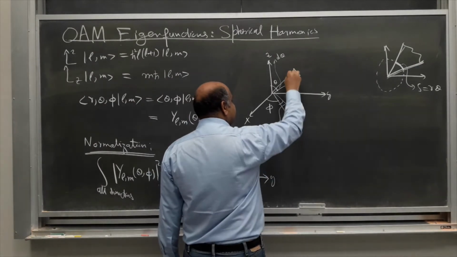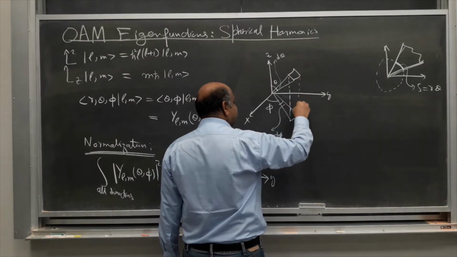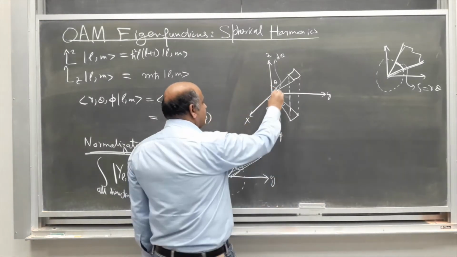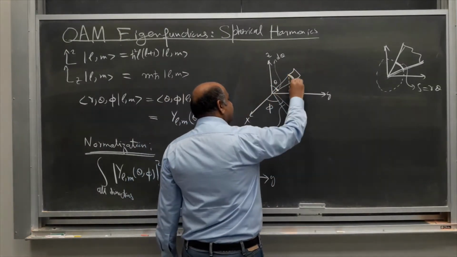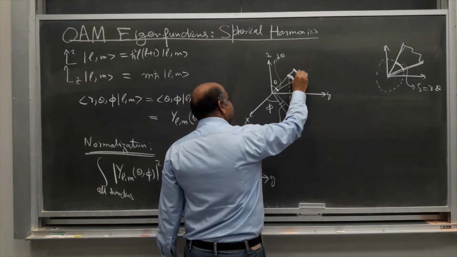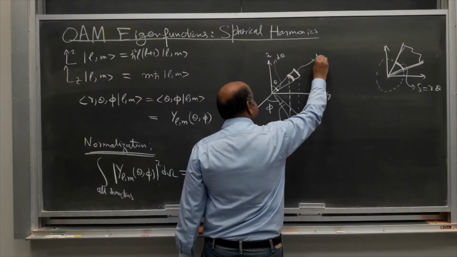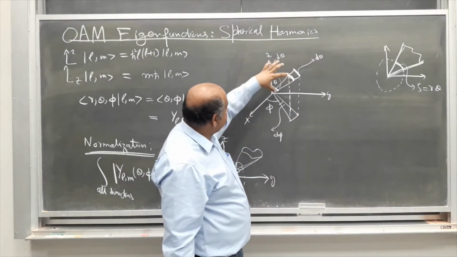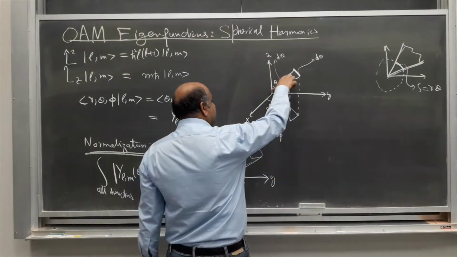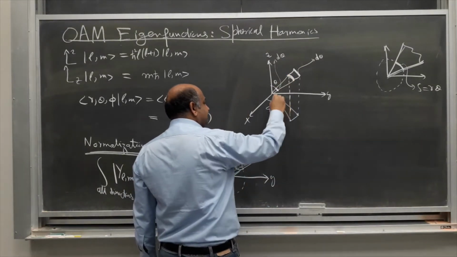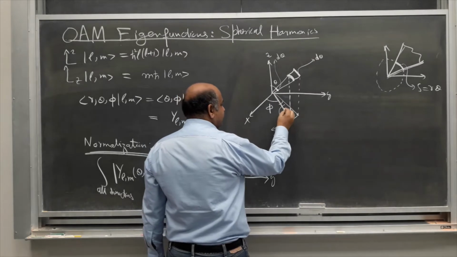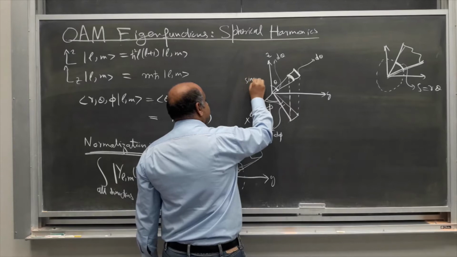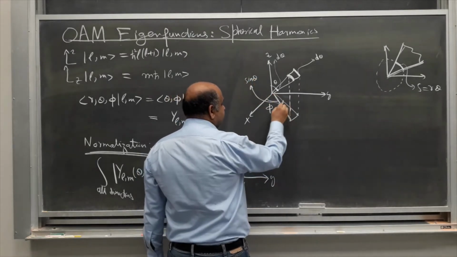So this point is projected here, this point is projected here. So if this is our angle d theta, this length is d theta. Remember, this is a small area of the unit sphere, so r is 1. And if this r is 1, this length is sine theta, and this is d phi.